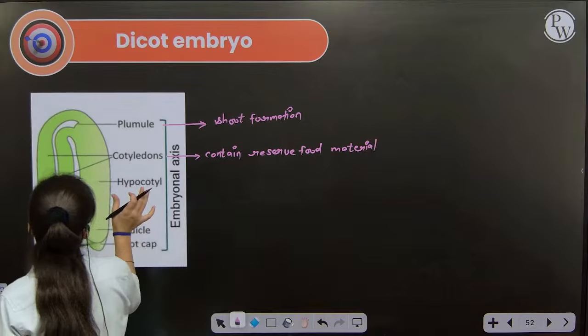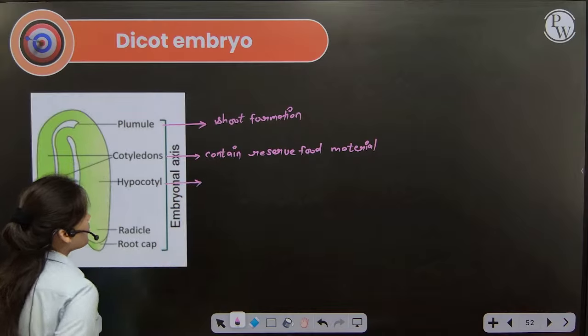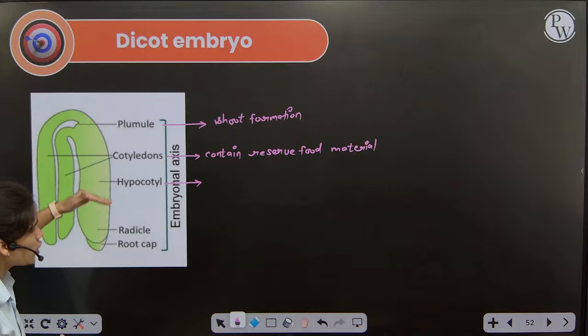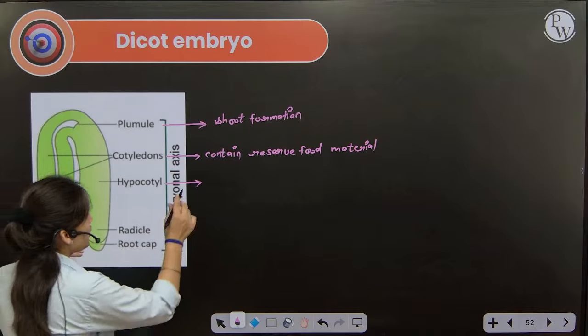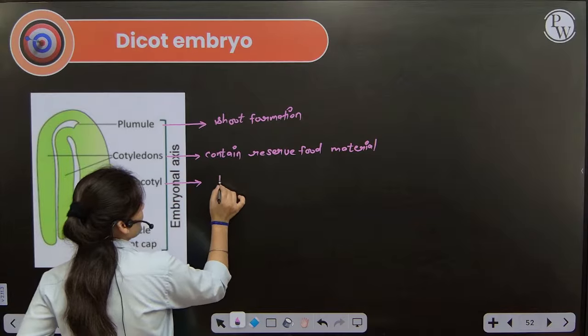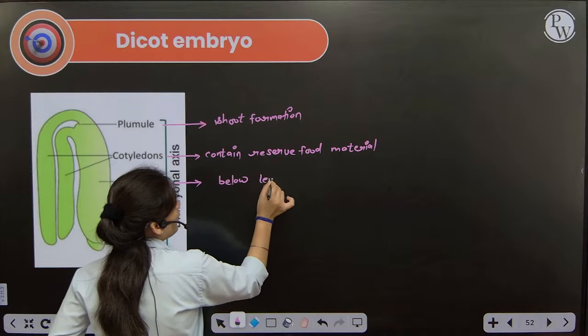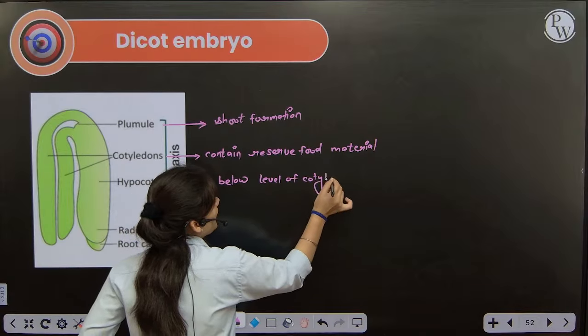Next, hypocotyl. Hypocotyl is the portion of embryonal axis which is present below the level of cotyledon. Then what is epicotyl?